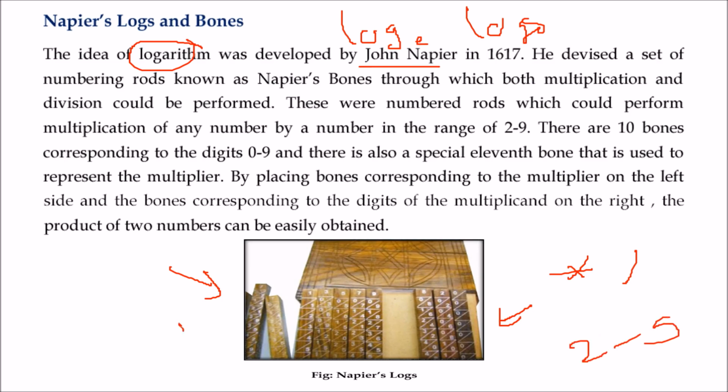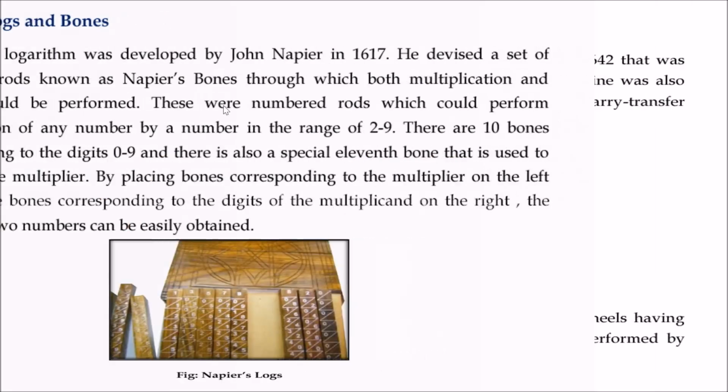There are 10 bones corresponding to 0 to 9, and there is also a special 11th bone, which is the multiplier. By placing bones corresponding to the multiplier on the left side, and the bones corresponding to the digits of the multiplicand on the right, the product of two numbers can be easily obtained.